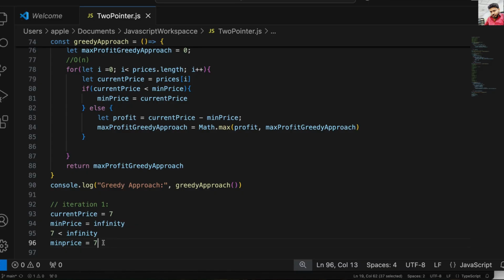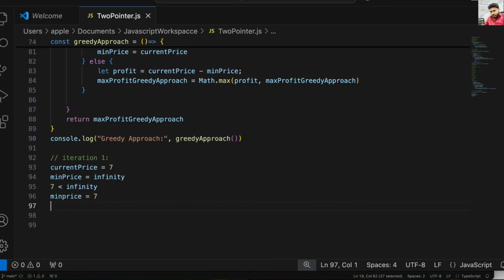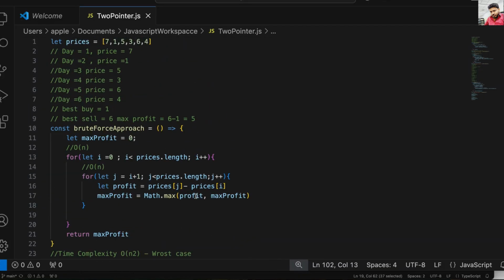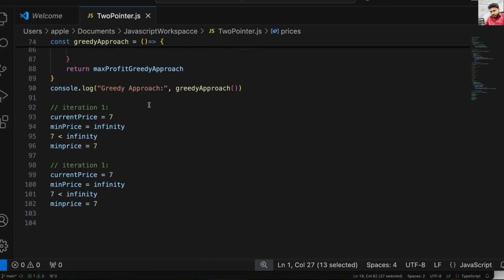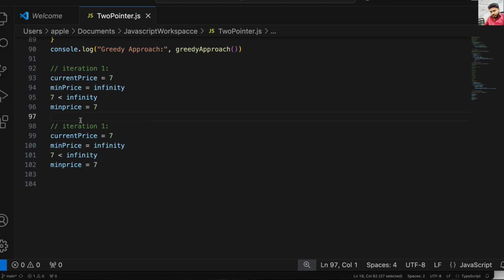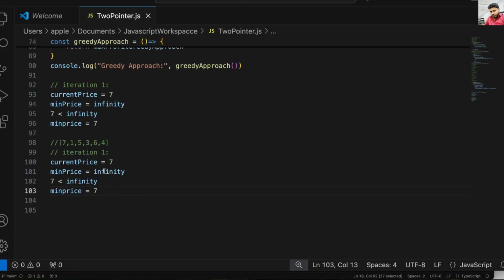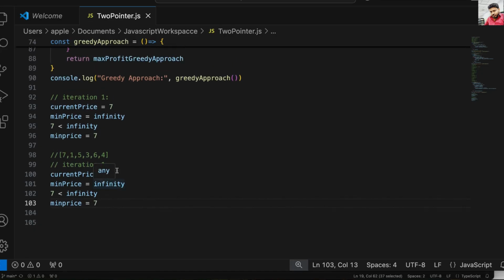Then for iteration 2, I will take the value 1. Okay, so the current price is 1, and the minimum price is 7.